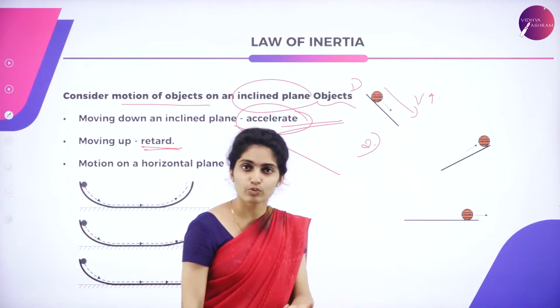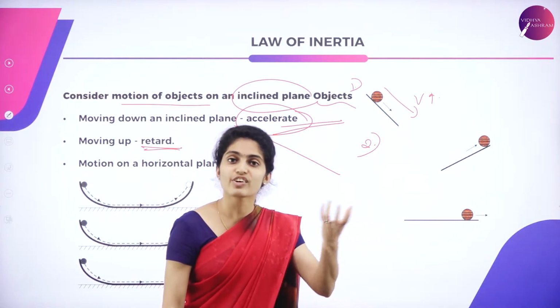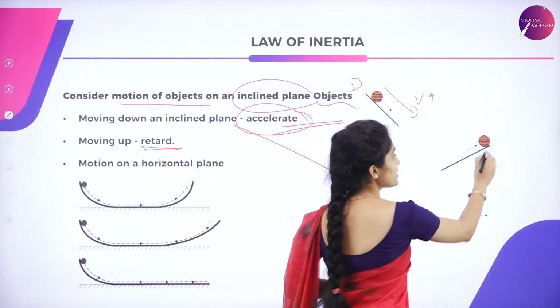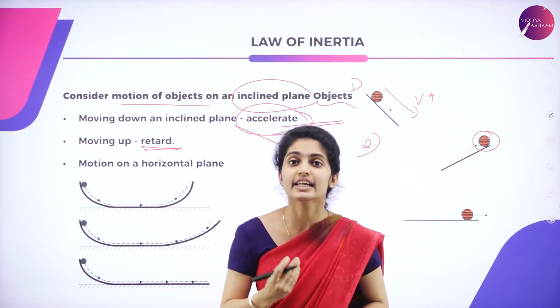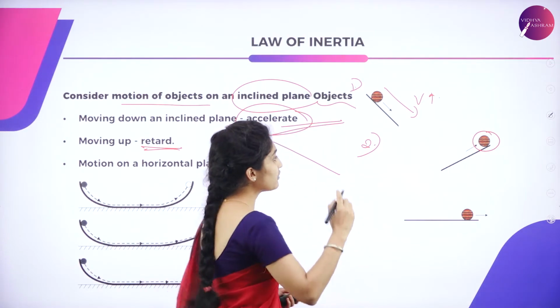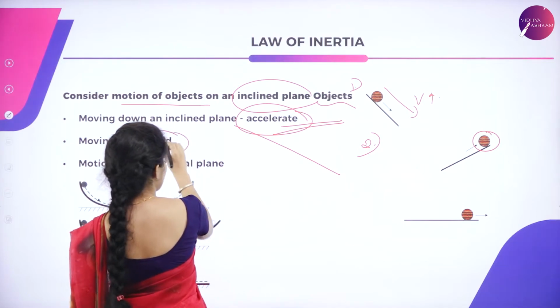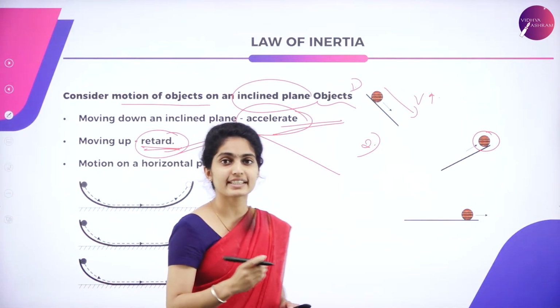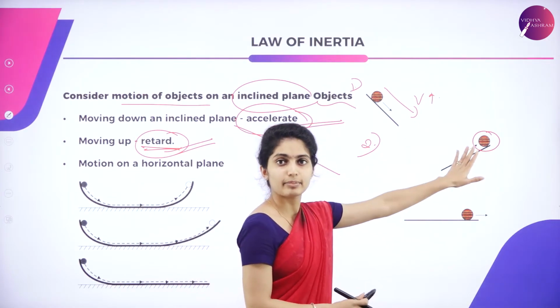When there is a decrease in velocity, you can say it has negative acceleration. Negative acceleration is called deceleration, or retardation. So the object is getting retarded, in the case of the second image.